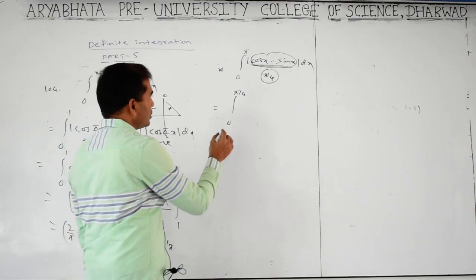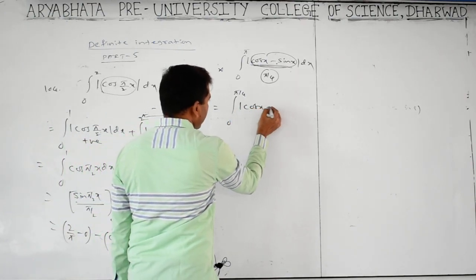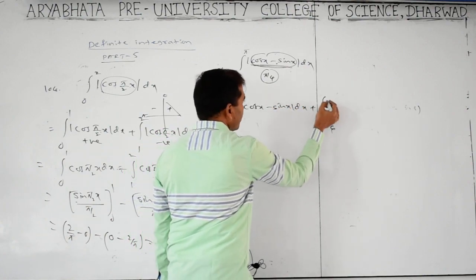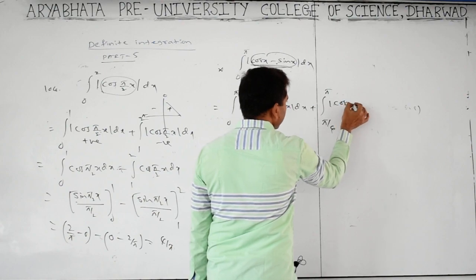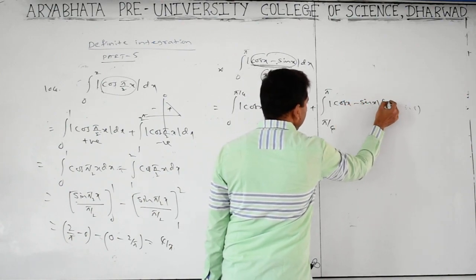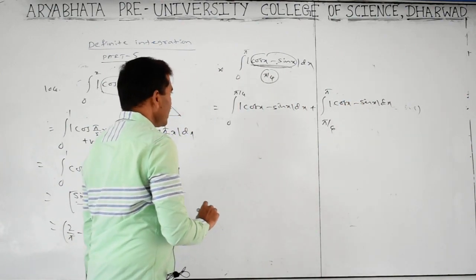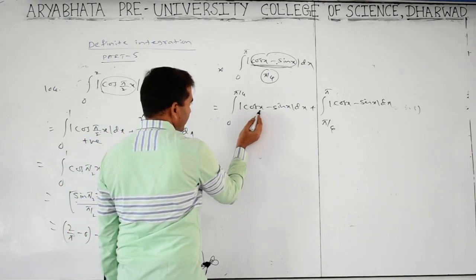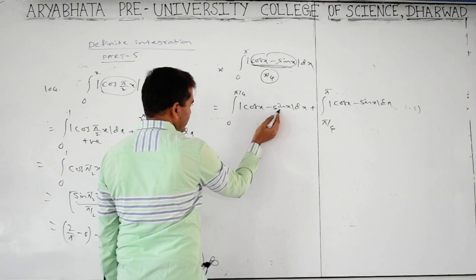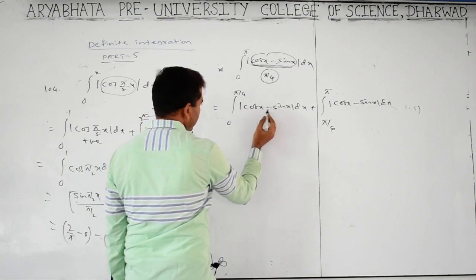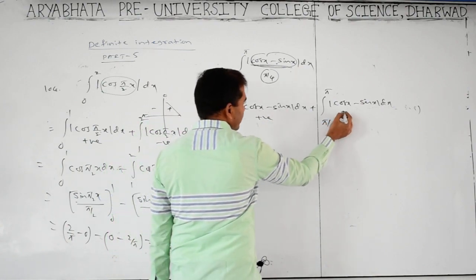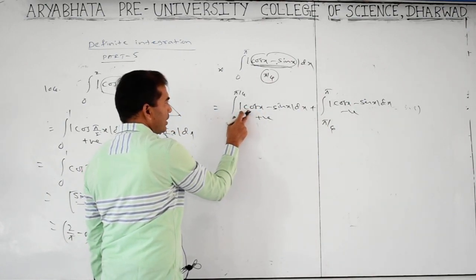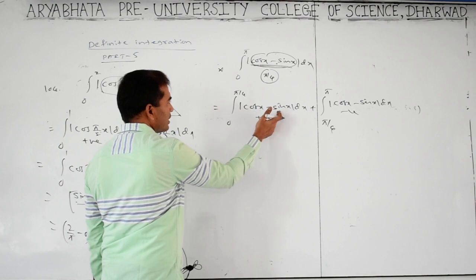So 0 to pi by 4 of mod of cos x minus sin x dx plus pi by 4 to pi of mod of cos x minus sin x dx. In the interval 0 to 30 degrees, cos is big and sin is small; cos 30 is root 3 by 2 and sin 30 is 1 by 2, so this is bigger and we get positive.